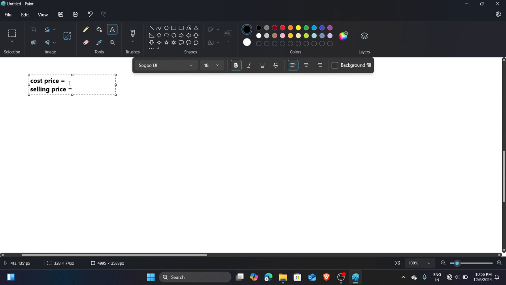It is the concept of profit and loss. In it, the cost price is always the main price, so we always consider the cost price as 100%. Suppose you buy something for 180, and it is nothing but 100%.